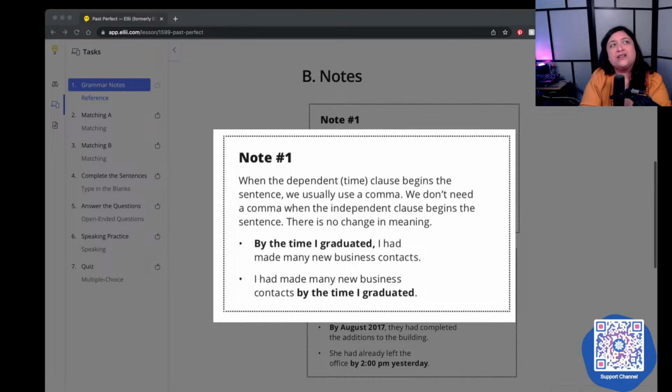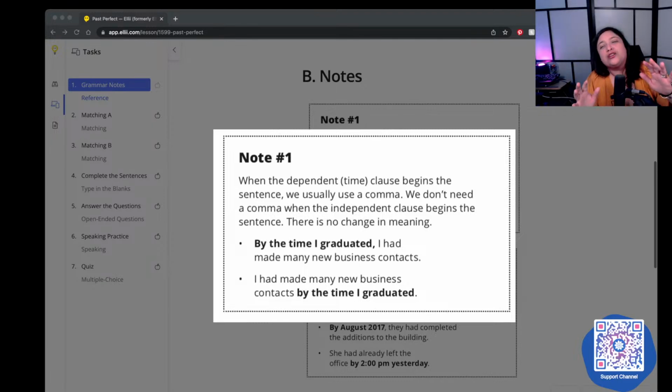You can use the pattern in the past perfect with an independent clause or the dependent clause. Now, please note that you can either start with a simple past conjugation or end with the simple past conjugation. That's what I mean.